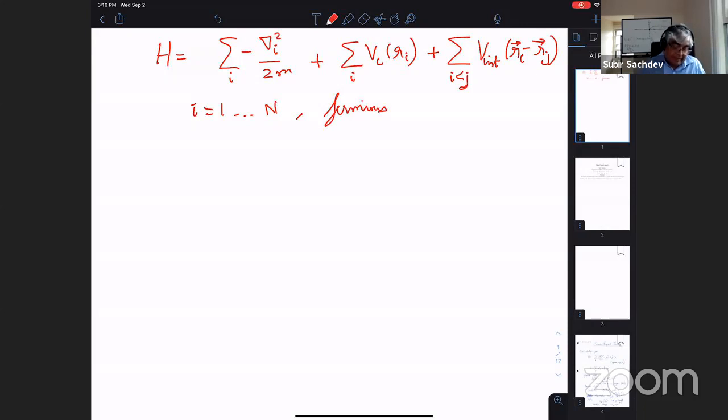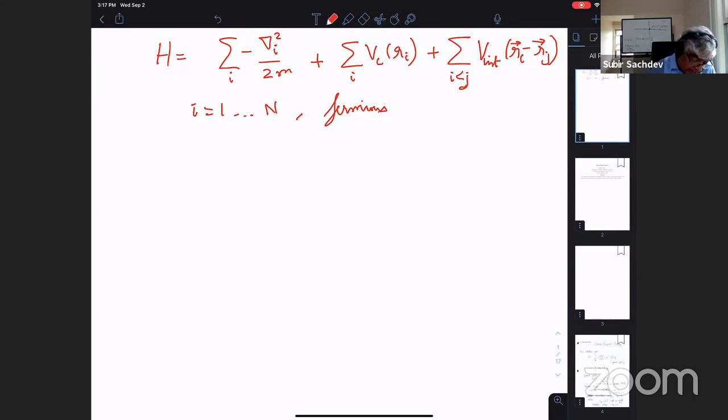Okay, so given a problem like this, what do you do? Say you want to find the ground state wave function. Now, this is an impossible equation to solve with N particles and interactions between them. So what's typically in the standard textbooks of condensed matter theory is what you would call the Hartree-Fock or mean field approximation.